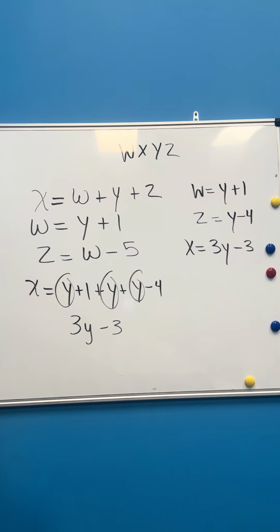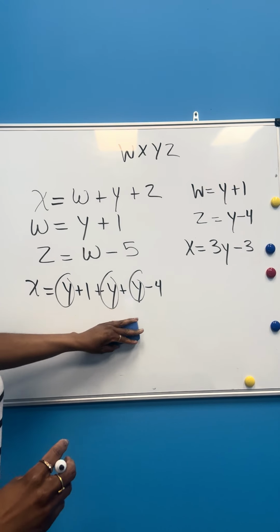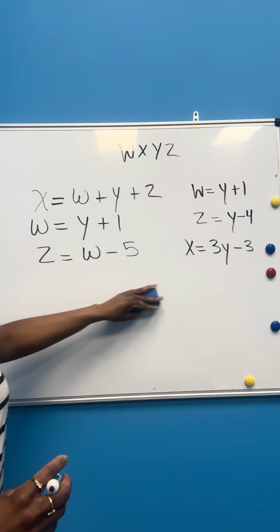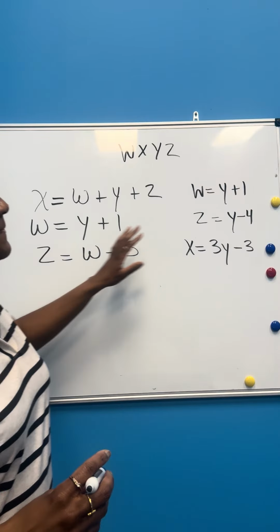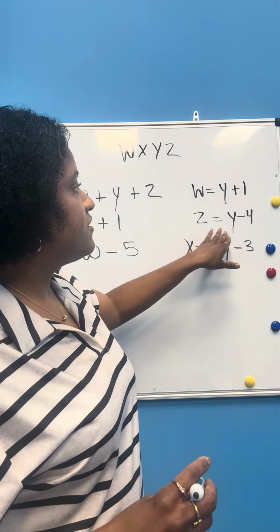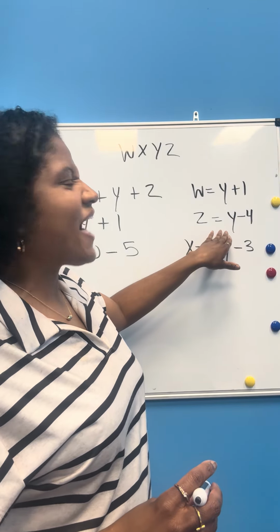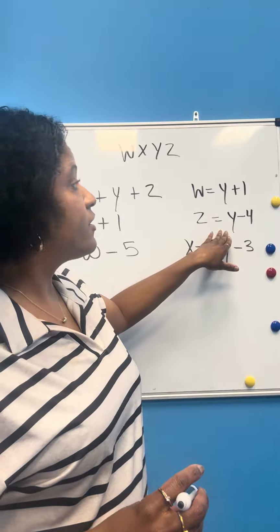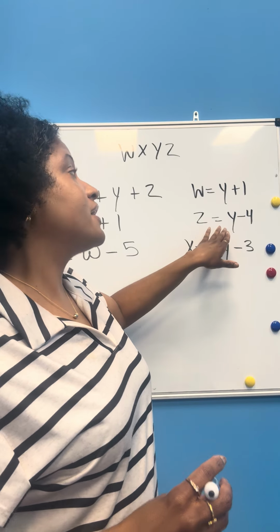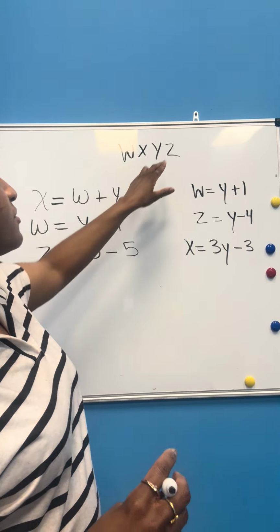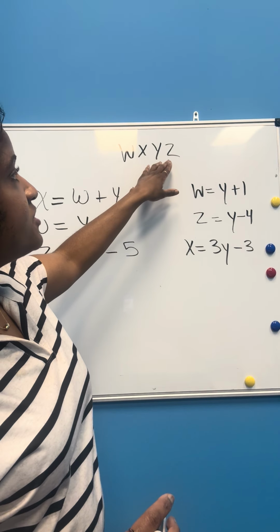So because these have to be whole numbers, if you look at z, y has to be a number greater than 4, or it could be 4. Y could be 4 because 0 is a number. So z could be 0.